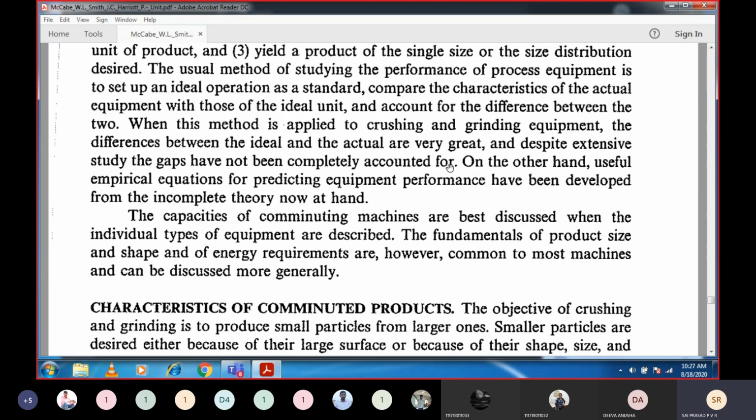In my subject, the efficiency is only 45% to 55%. The rest comes out in the form of heat. Because we are dealing with heterogeneous materials whose sizes and shapes are very intricate.